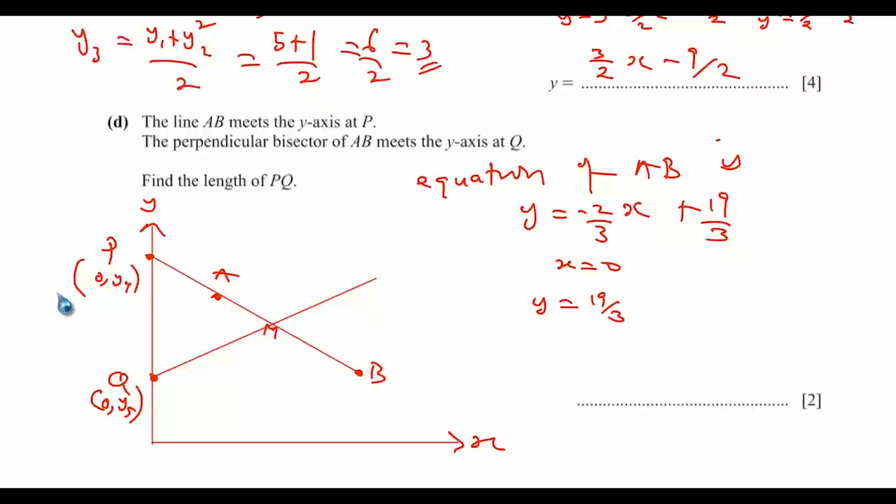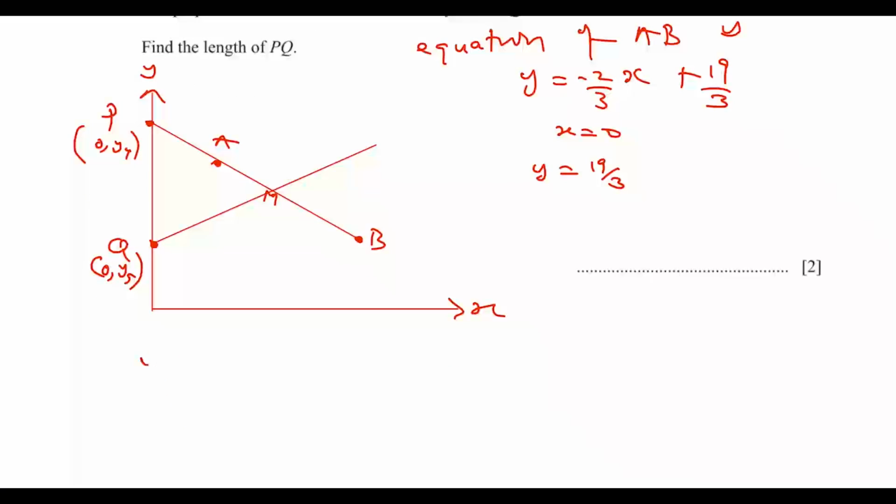the perpendicular bisector of line AB. Okay, so we have y equals 3 over 2 x, then minus 9 over 2. Okay, so it is obvious here. So this is the intercept on the y-axis. It is minus 9 over 2, and if you substitute x equals 0, you still get the same thing.